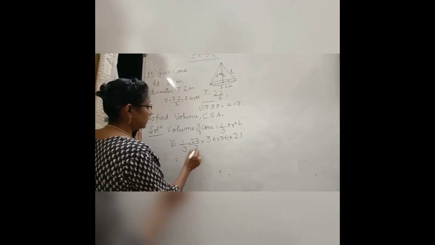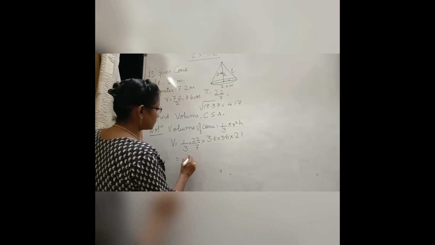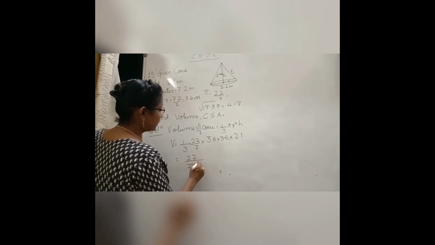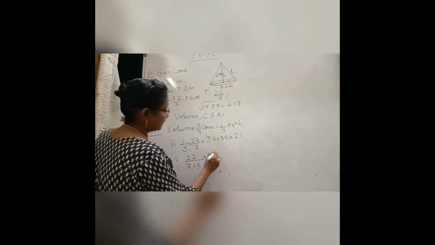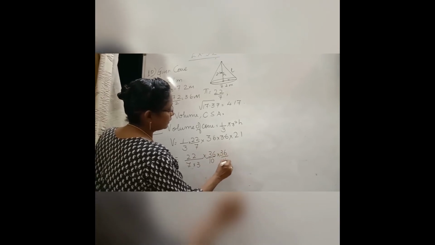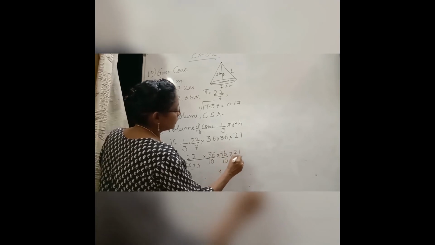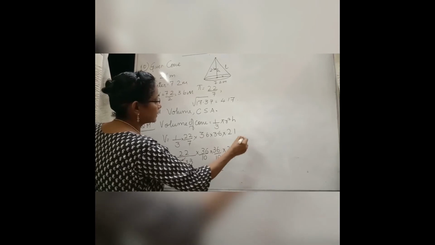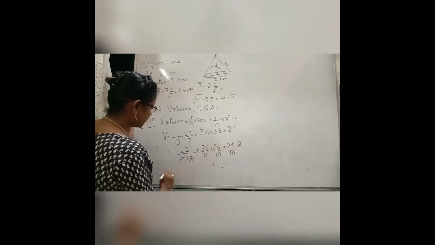So here we will remove the decimals, so 22 by 7 into 3 into 36 by 10 into 36 by 10 into 21 by 10. So 7 and 21 will be cancelled, 3 and 3 will be cancelled.